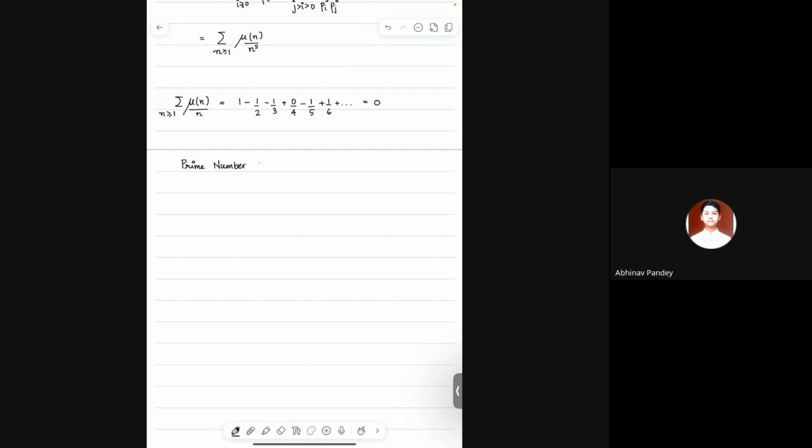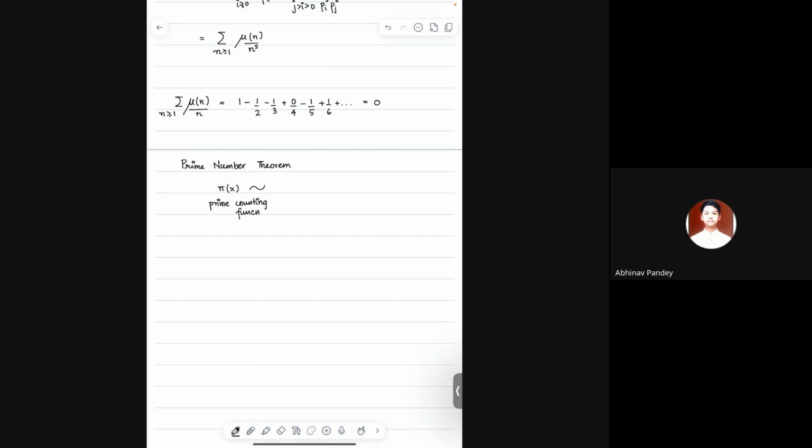As mathematicians, we run out of letters very quickly. So this is also called pi of x, but this is little pi. So this is the prime counting function. So this is how many prime numbers you have up to a large number x.